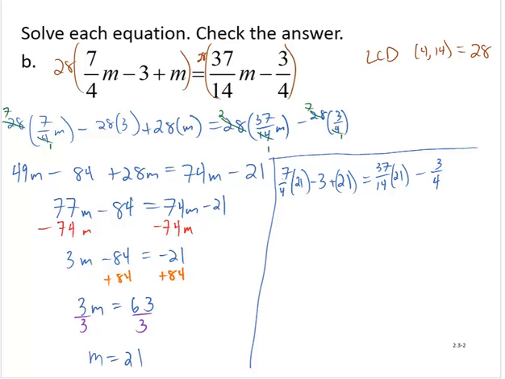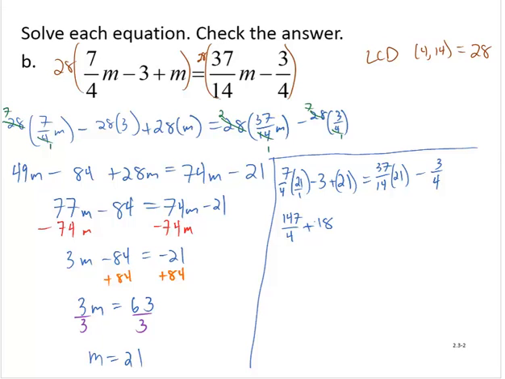Alright, so 7/4 of 21, well, that's a 21 over 1, and multiplying those fractions, 7 times 21 is 147. So I have 147 over 4 minus 3 plus 21, that's a plus 18.